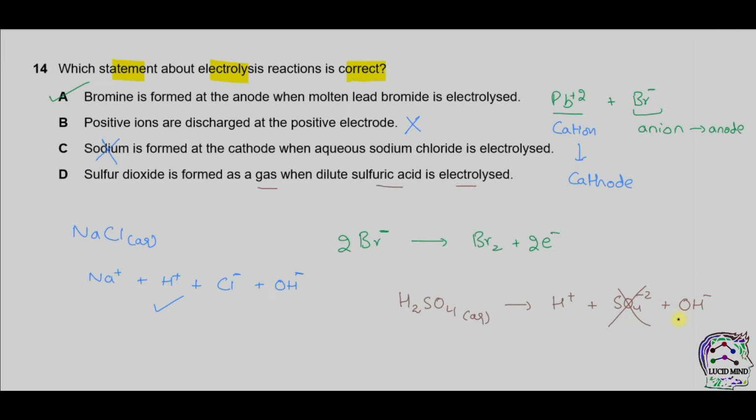One is H⁺, second is OH⁻. So it is hydrogen gas that is formed from H⁺ ions and it is oxygen gas that is formed from OH⁻ ions. Sulfur dioxide is not formed, so D is also wrong. The correct answer is therefore A.